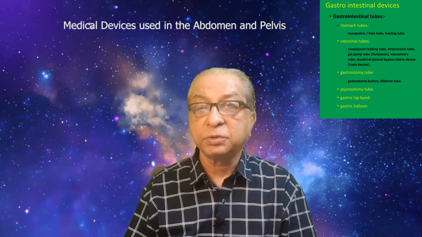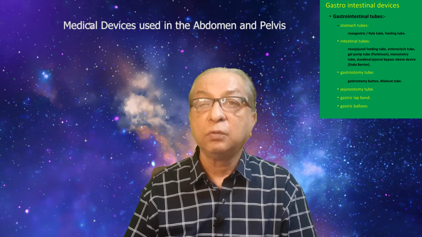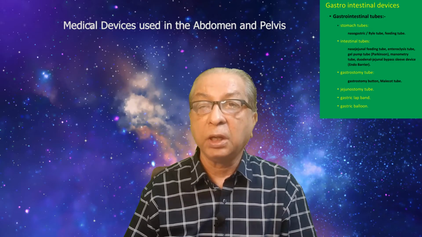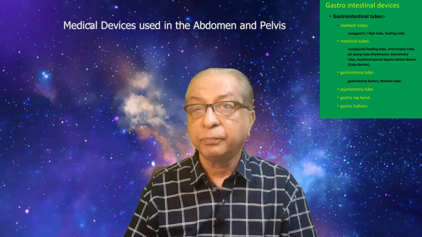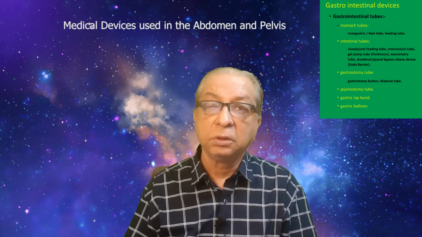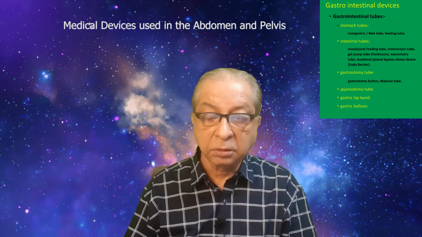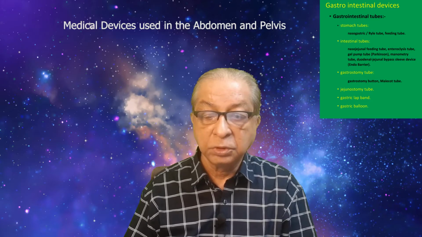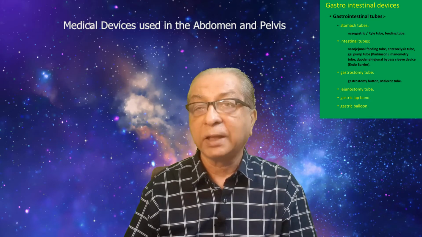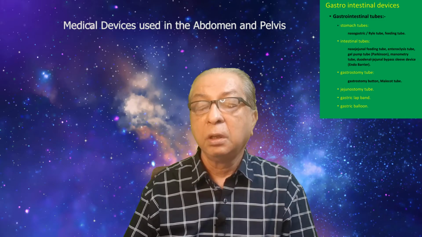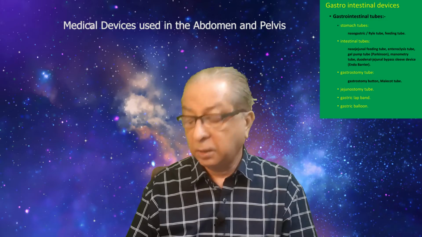Electrolyte tube, that means the patient should be given only saline, that means salt. For that, a special tube is used. Then gastric lap band, gastric balloons, jejunostomy tubes, and so many names we come across in the abdominal area.